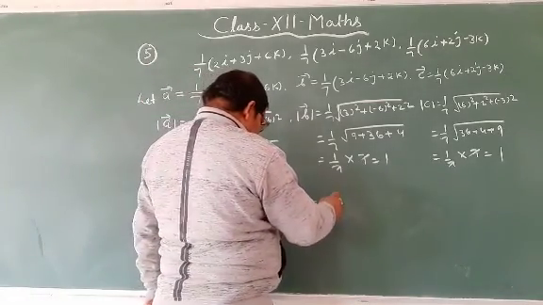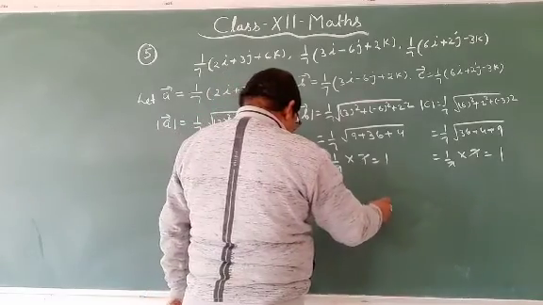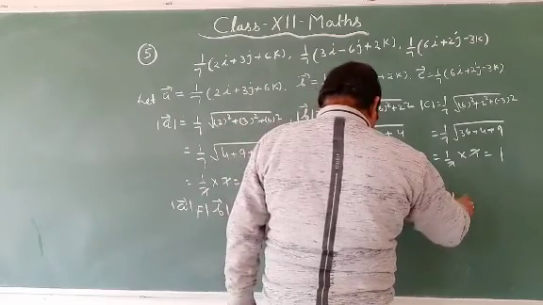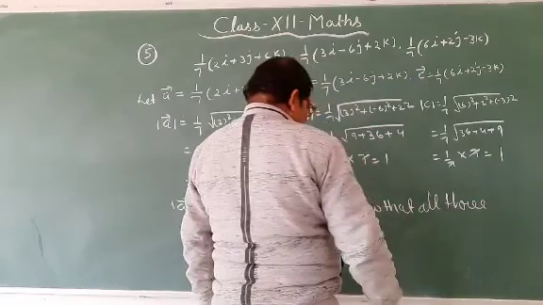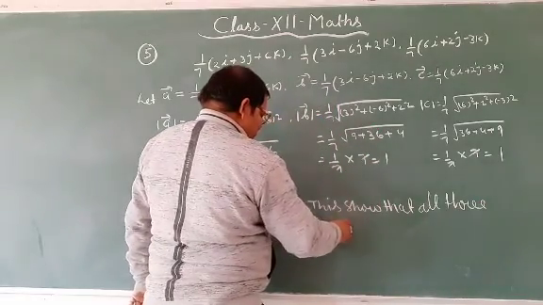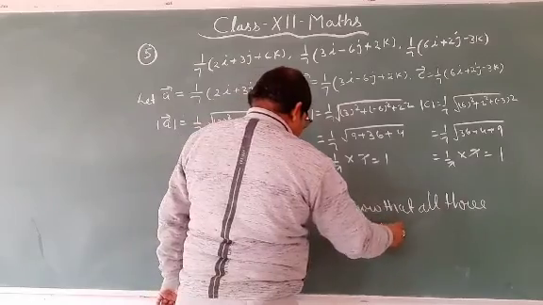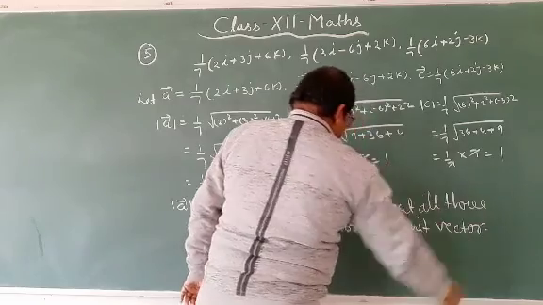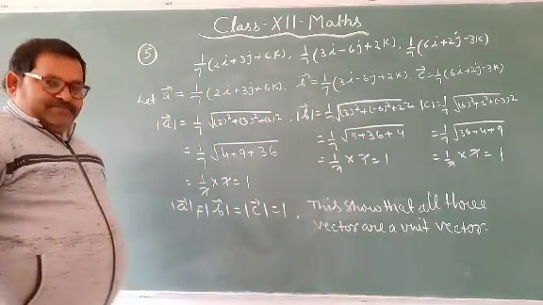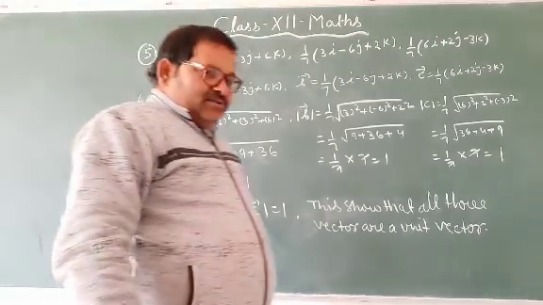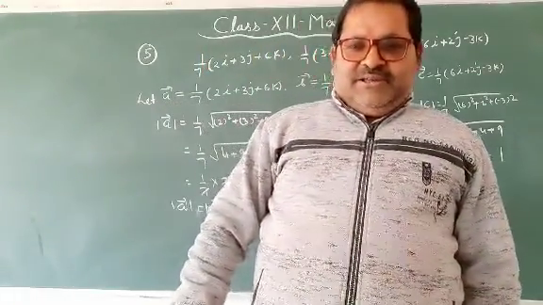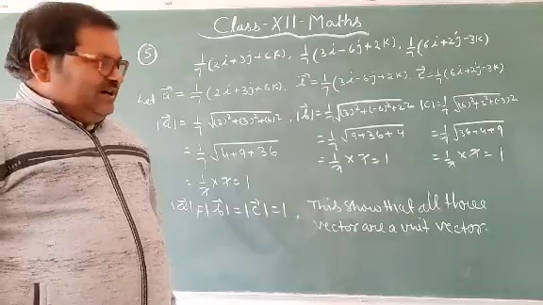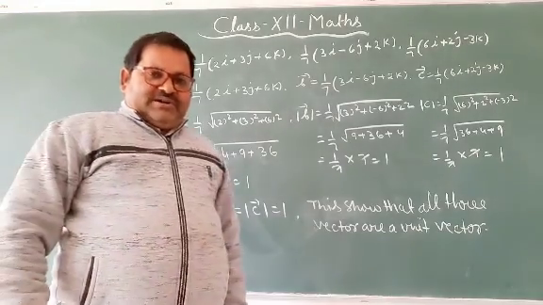This shows that the three vectors are unit vectors. When the vectors A, B and C are given, we find the modulus of each vector.